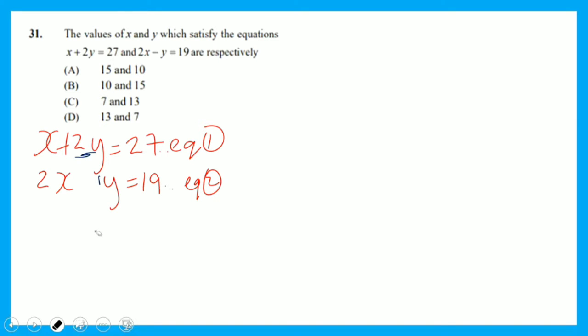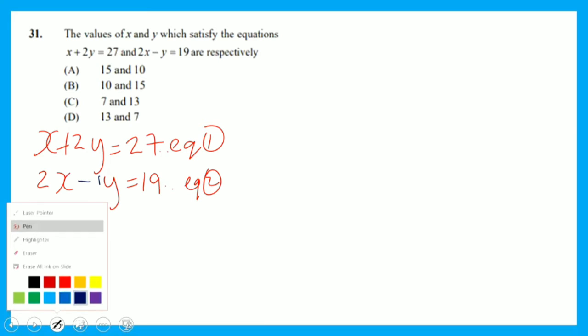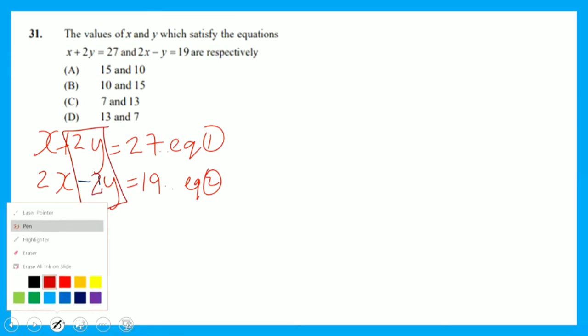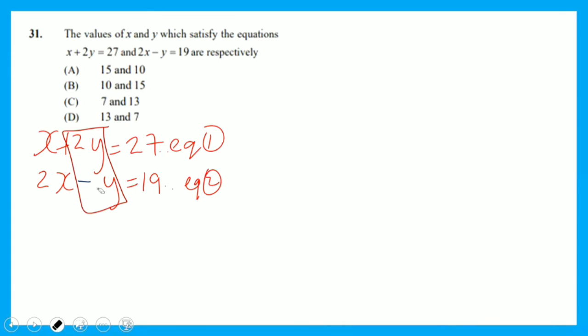So here we go. If I want both of these coefficients to be the same, preferably I would love to make the coefficient of y in the second equation be a 2, and I'm ignoring the sign in front of it for a moment. Then I would need to multiply by 2.